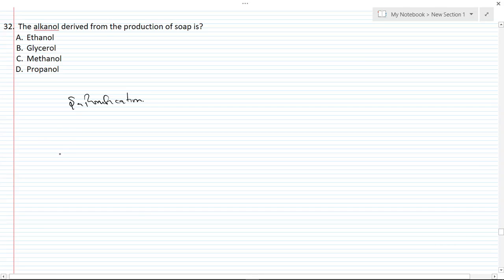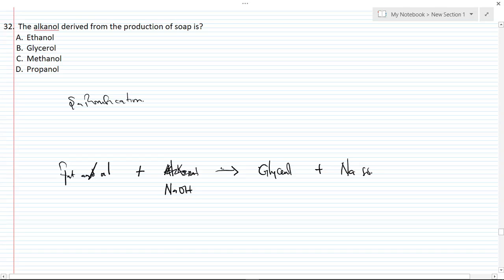Generally, the scheme of reaction is given as fats or oil, plus your alkali, NaOH, that's your base, to give you glycerol, and in this case, since we use sodium hydroxide, we get a sodium soap.